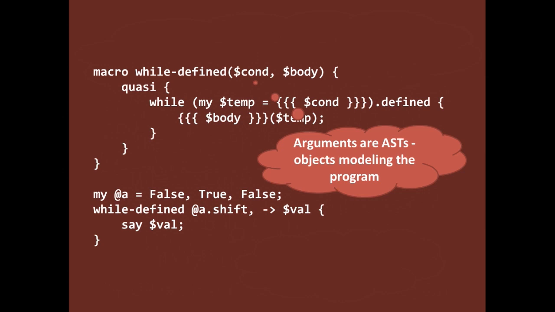So there'll be one that says this is applying a postfix, which is actually the shift method call, and that's being applied to the variable a, and then the body will be the lambda expression there. Well, it won't be the lambda expression, it'll be an AST node describing that we have a lambda expression.